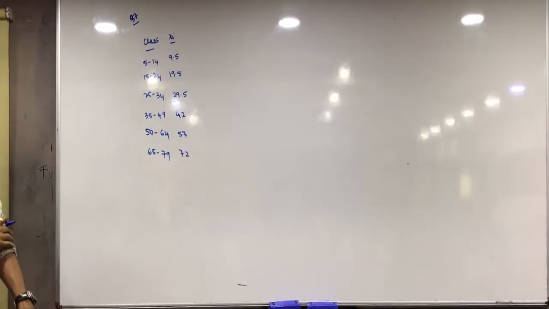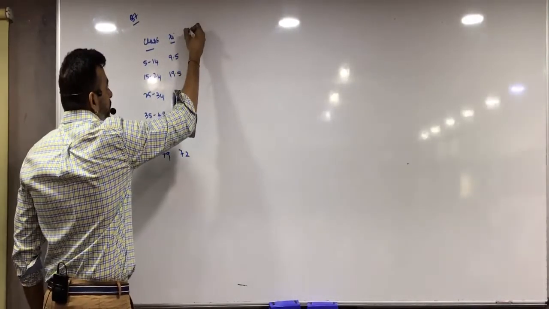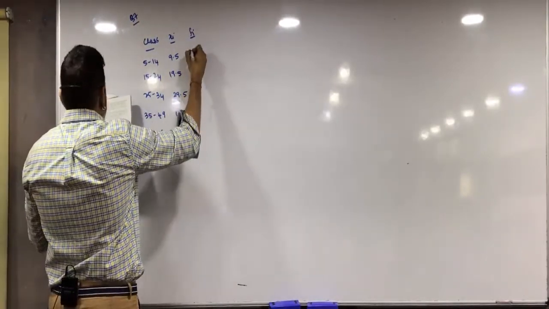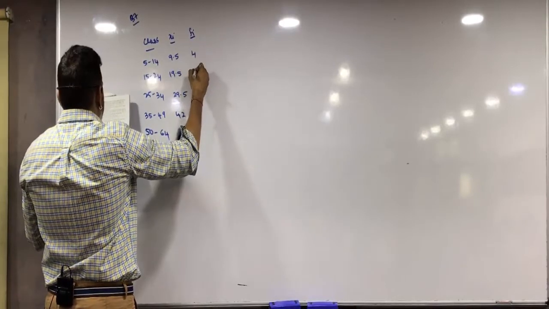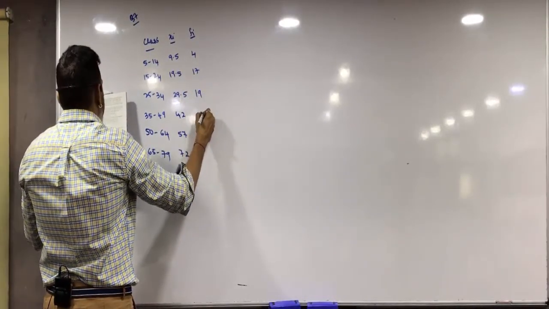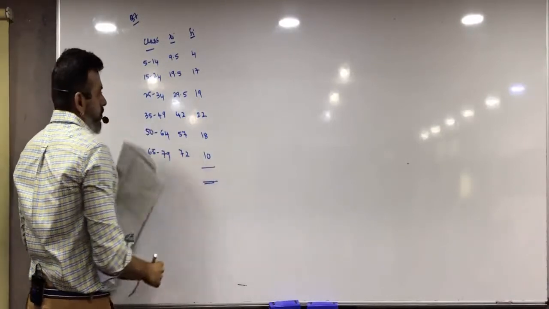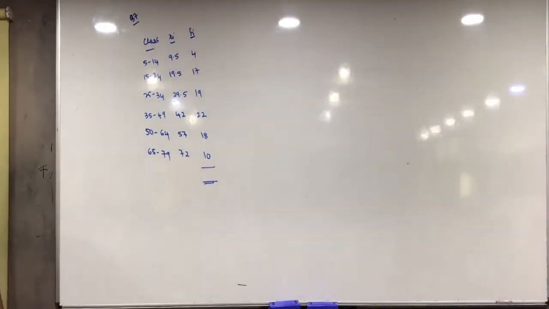Now over here we don't have a class length which is common for all. We write the frequency fi: 4, 17, 19, 22, 18 and 10. Total 90.